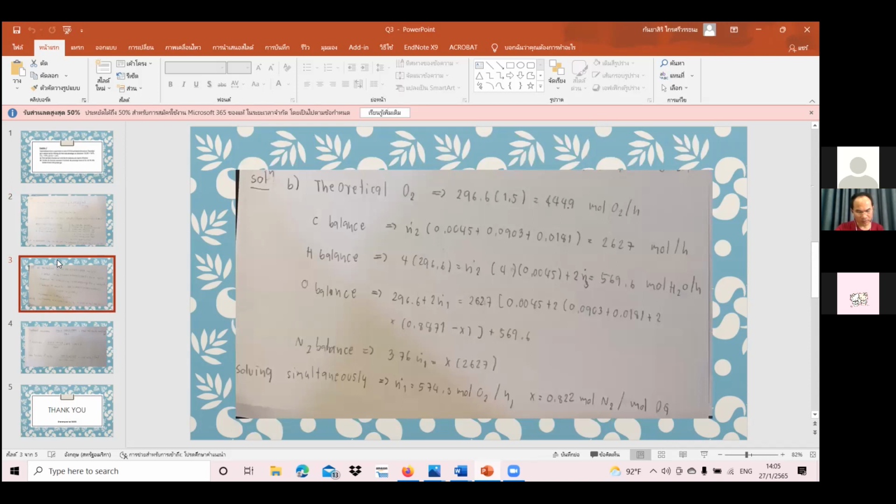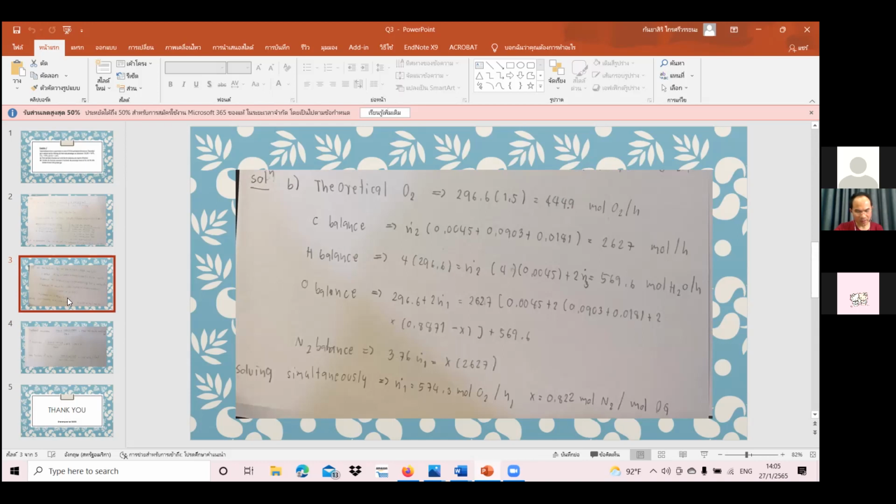You have to talk about the theoretical oxygen. What is it? How do you obtain this, equal to 444.9 mole oxygen per hour? Could you explain in detail? 296.6 multiplied by 1.5.